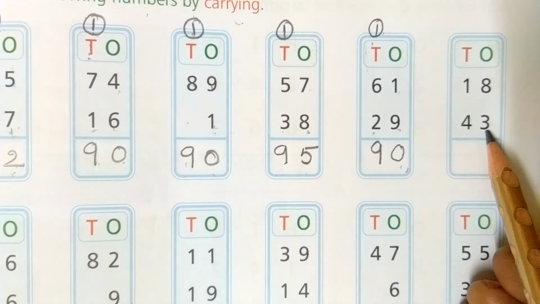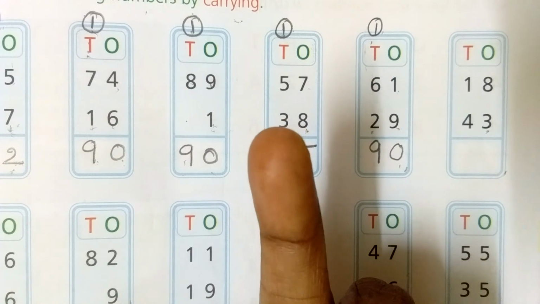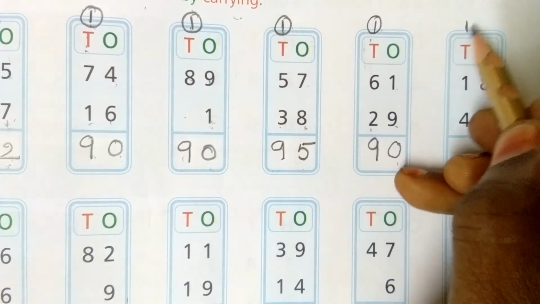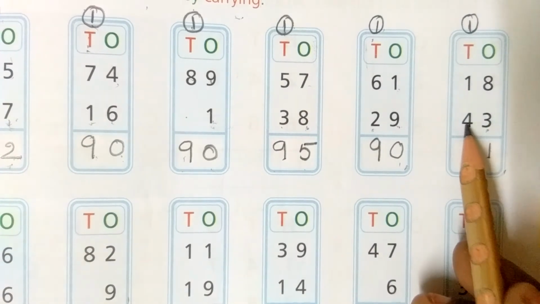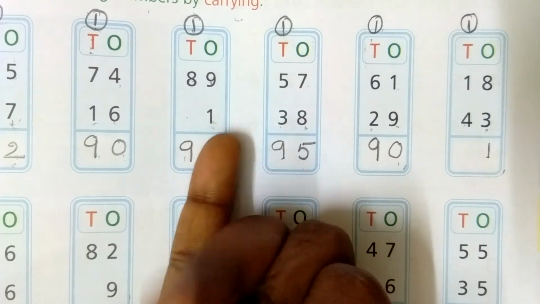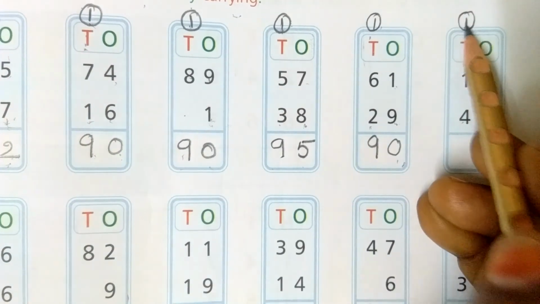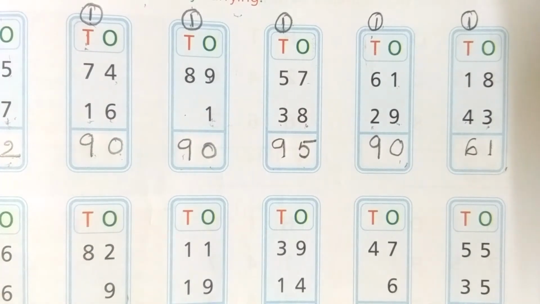So here take 3 fingers. 8 after 9, 10, 11. So write down 1 here and 1 here. Take 4 fingers, everyone. 1 after 2, 3, 4, 5. 5 plus 1 is equal to 6. Next line.